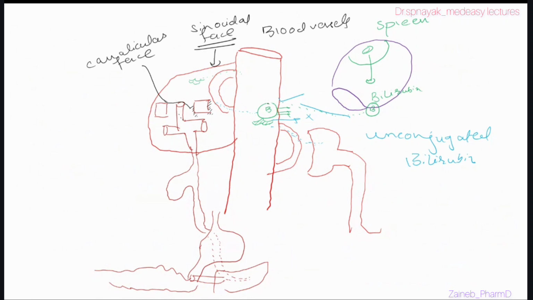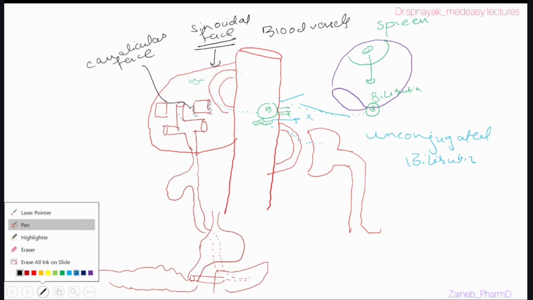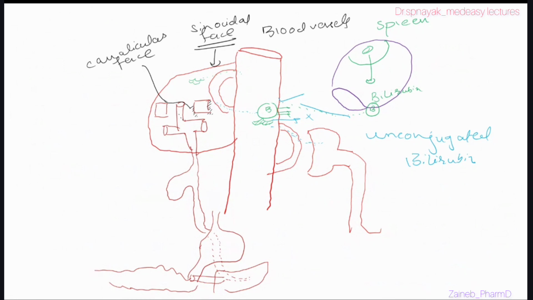Okay. So this unconjugated bilirubin, which is brought to the liver, will enter through the sinusoidal phase of the hepatocytes, which is facing the blood capillaries. There is a special protein on the sinusoidal phase of the hepatocyte. This protein will take the unconjugated bilirubin inside the hepatocytes.